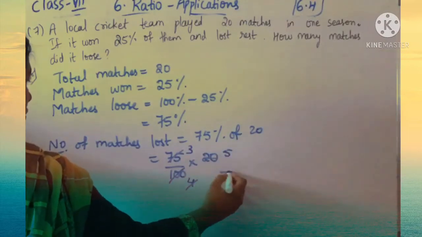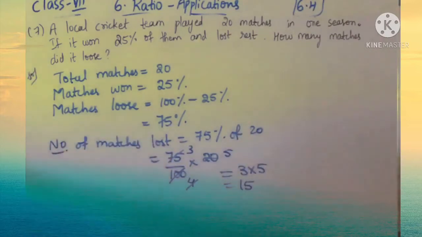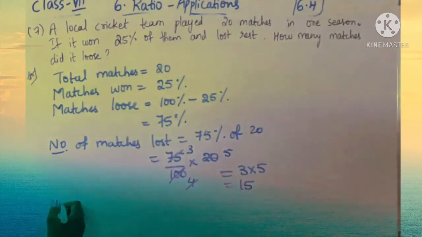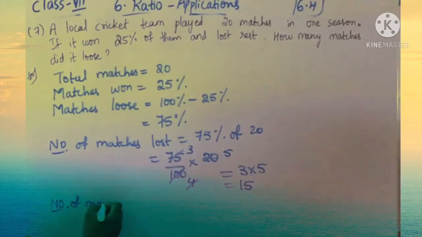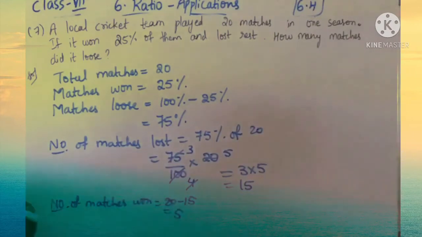So finally you got 3 into 5, that is 15 matches. So number of matches lost, how many here? 15 matches lost. So how many matches won here? Can you find the number of matches won? Out of 20, 15 lost. So 5 matches won.